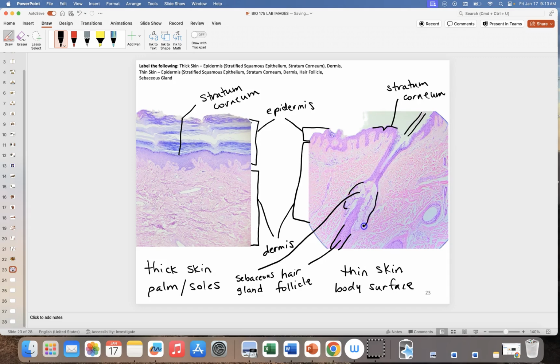This is our sebaceous gland structure. Sebaceous glands are associated with hair follicles. They produce oils that they deposit directly onto that hair shaft. There we have it. Thick skin versus thin skin.